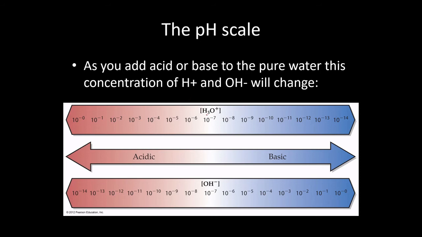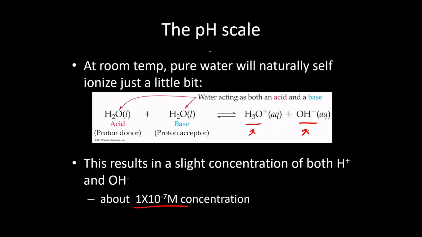So in terms of acidic versus basic, right smack in the middle where you have a neutral solution, you would have 10⁻⁷ of both. And if you remember, I said that if we had pure water at room temperature, that's the concentration we have. This is what we would normally think of as pure water, neutral water, when we have 10⁻⁷ of both H plus and OH minus.